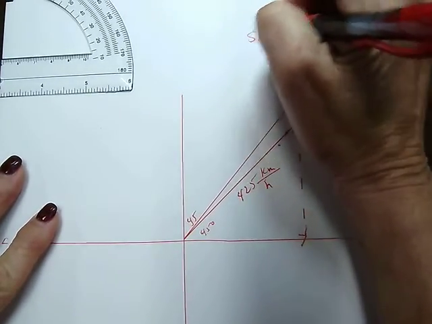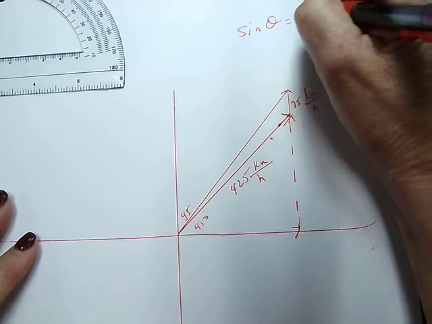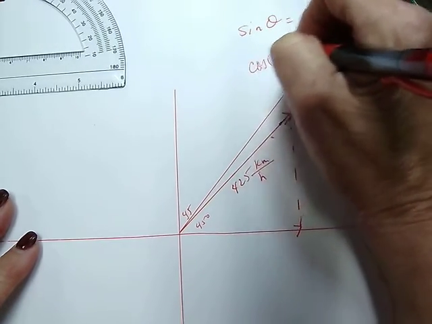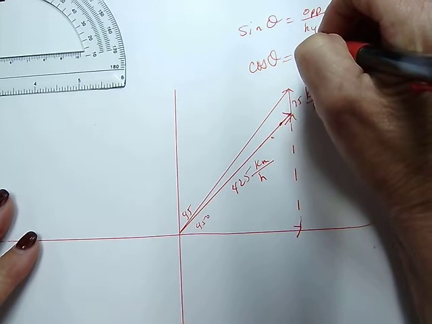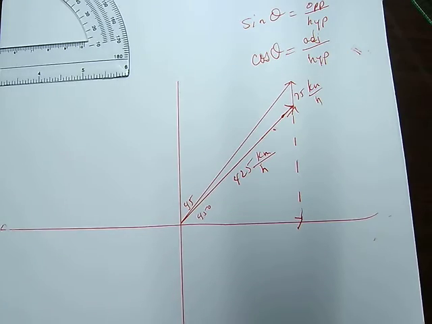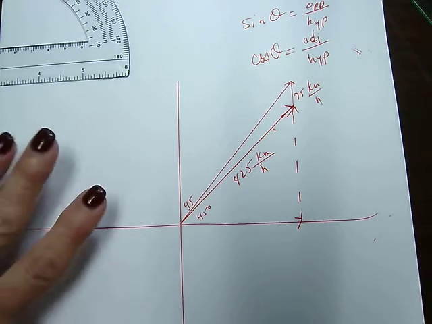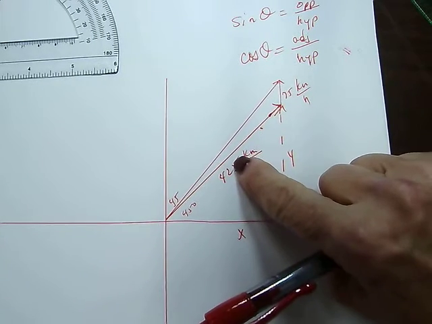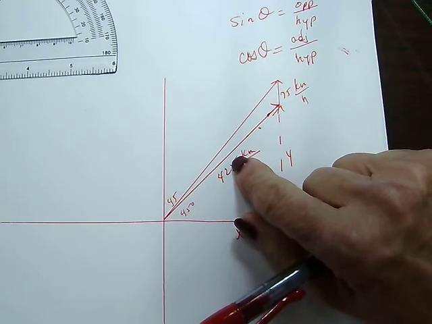Remember yesterday I said sine of theta is opposite over hypotenuse. Cosine of theta is adjacent over hypotenuse. We've used tangent so far to find the resultant angle. But we have to find the x and y of that because it's at an angle.